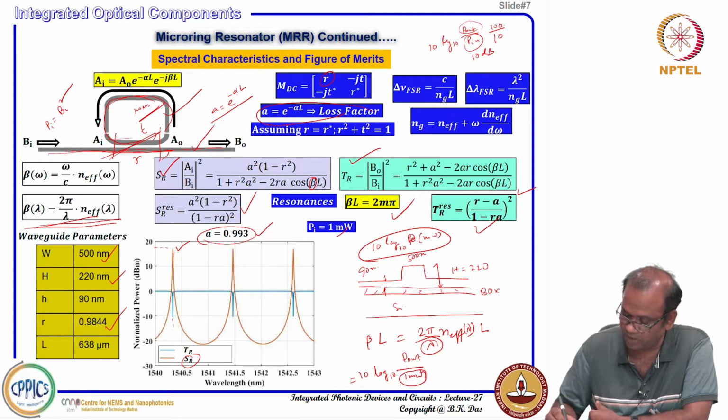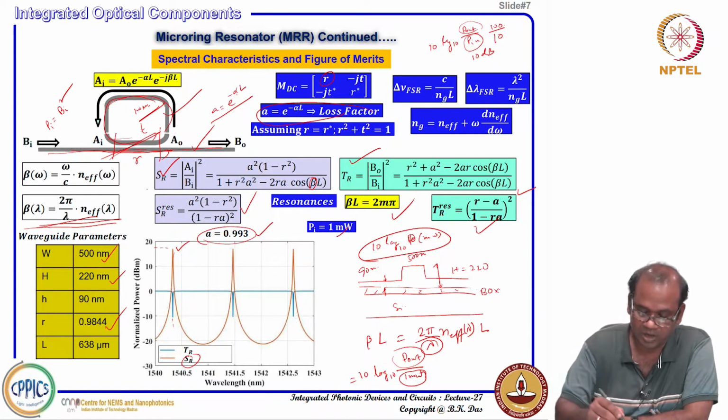If input is 1 milliwatt, whatever value I get at the output, because Bi square is 1 milliwatt, then I can calculate Ai square, putting all these values, and correspondingly Ai square I will be representing in milliwatt.